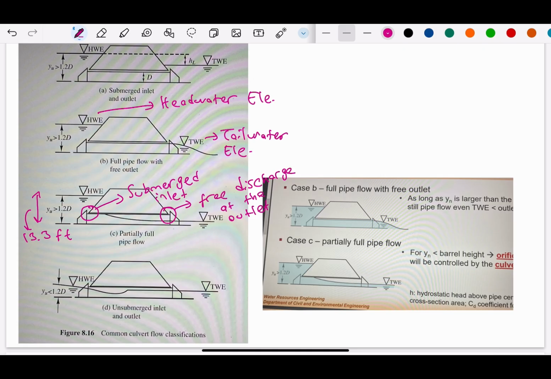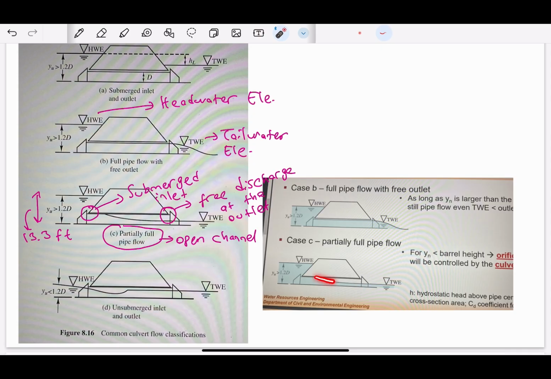So in other words, this means that we have partially full pipe flow, or this is open channel flow. And you can see that in the shape better because it is colorful. So we have submerged inlet and we have free discharge outlet.